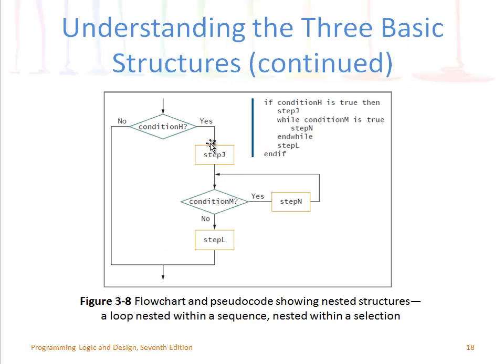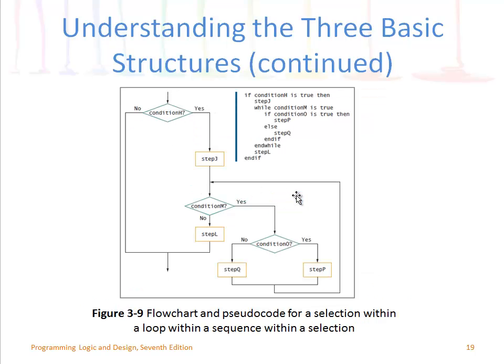And we can continue to expand on that by adding a loop in here. Remember, the loop has one entry point up here and one exit point down here, and that's been inserted into part of the sequence, which is in turn part of this selection structure.